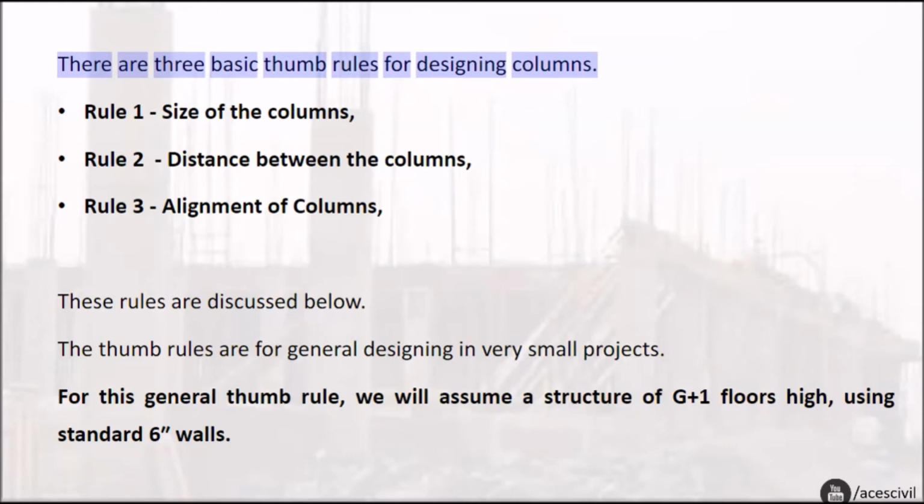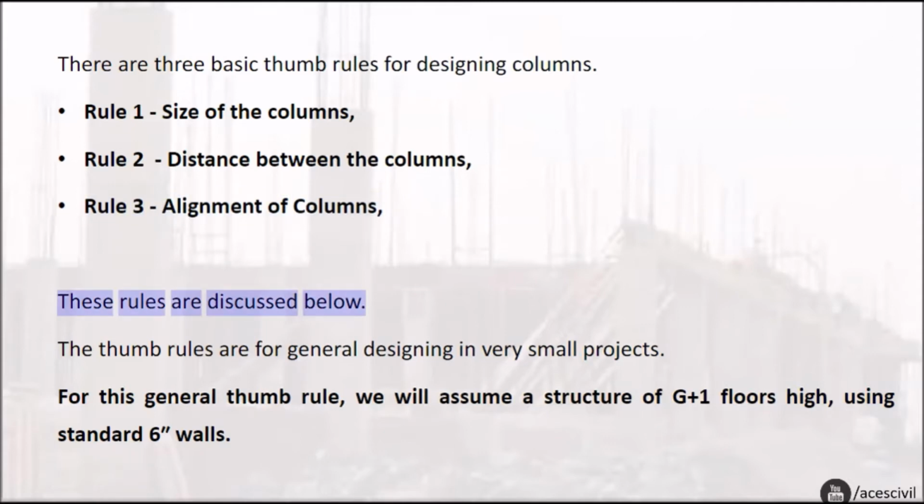There are 3 basic thumb rules for designing columns. Rule 1: Size of the columns. Rule 2: Distance between the columns. Rule 3: Alignment of columns.